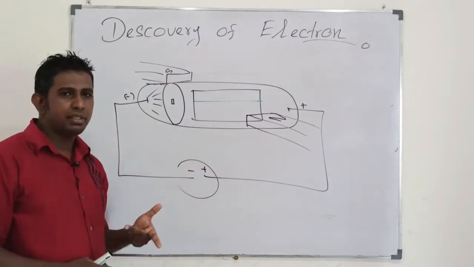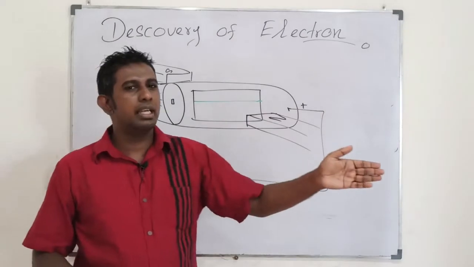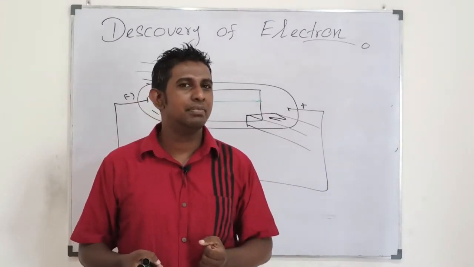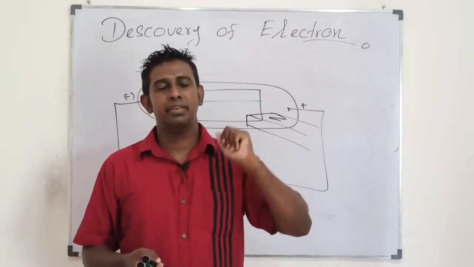Likewise, if we analyze these cathode rays, the true nature of cathode rays, students, let me reveal this thing: cathode rays actually consist of electrons.